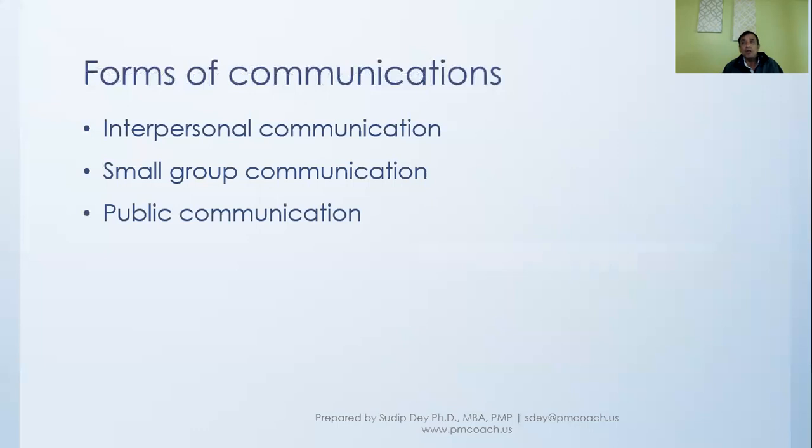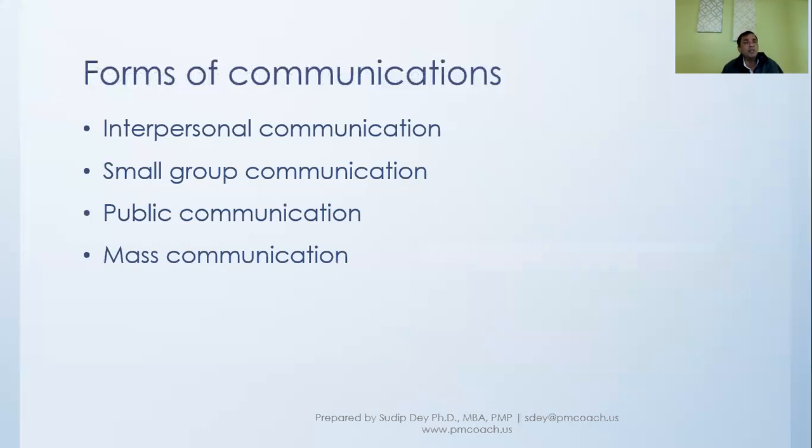Public communication is when you are communicating to a bigger group of people. Probably you are giving a presentation to a group about your project. So that's really public communication. Or sometimes it is mass communication, where it is done on a very large public, and there is no interactivity at all.